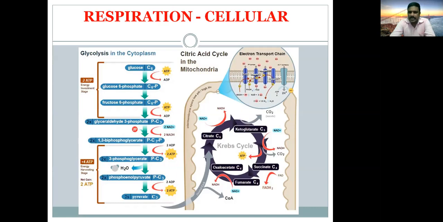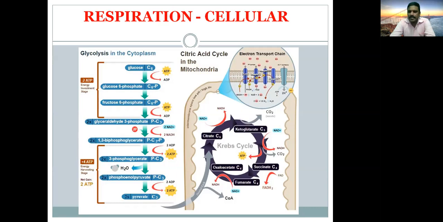In glycolysis, glucose will participate. As a result of this glycolysis, finally, two pyruvic acids will be generated. Here you have to remember one thing: what is the definition of respiration? Respiration is the liberation of energy from the food materials.